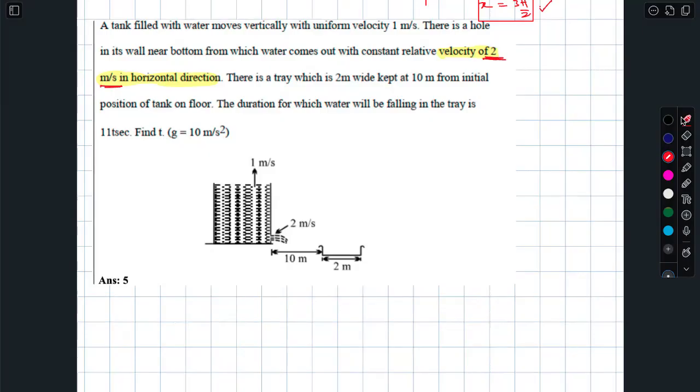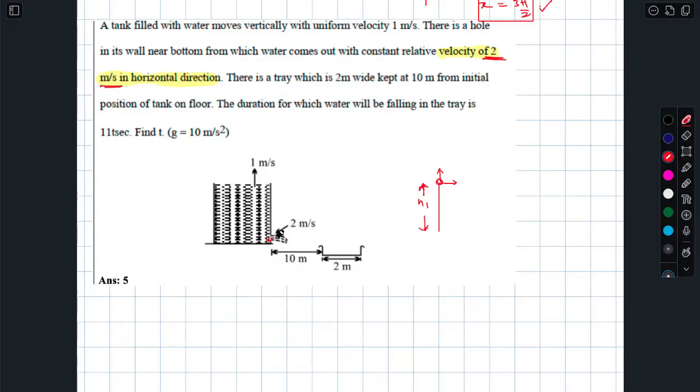I'll explain. See, relative to the tank, the point to see is that at some point of time when the hole is at some height h1, see, it has 2 velocities, don't forget.